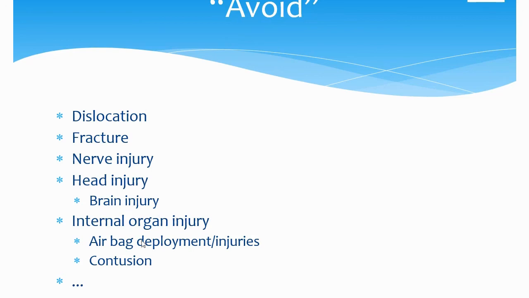Internal organ damage, again, it is very important to note when the patient comes in, especially with a severe car accident that could have the physical impact due to the airbag deployment or the physical damage that they have due to contusion to the steering wheel.